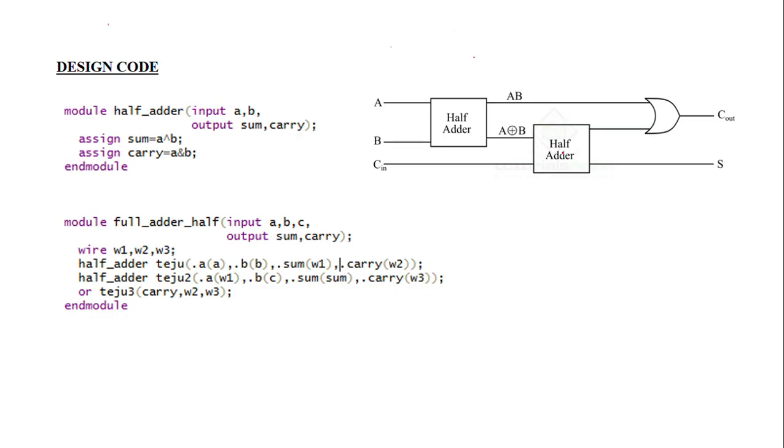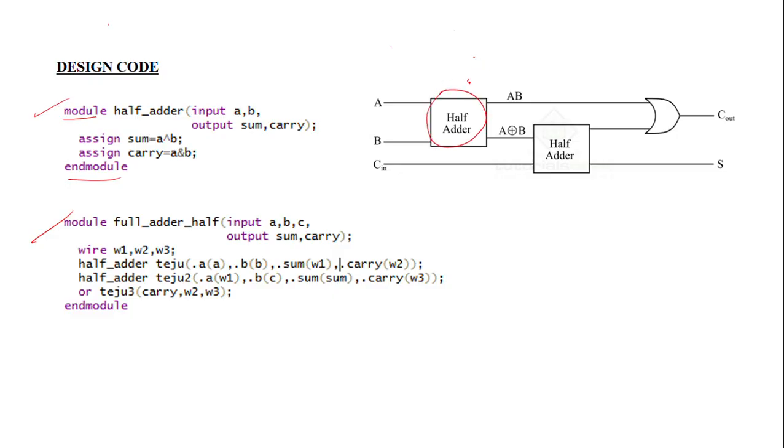I represent this block diagram here because for writing code it is very easy to understand. First you start with module and end with endmodule. Here we can see there are two codes. Why do we use two codes? Because we are designing a full adder using half adders, we have to instantiate the half adder, which means we have to use the half adder design code.